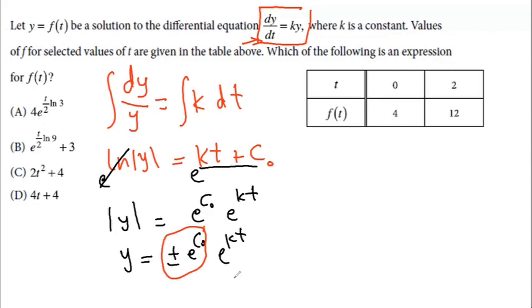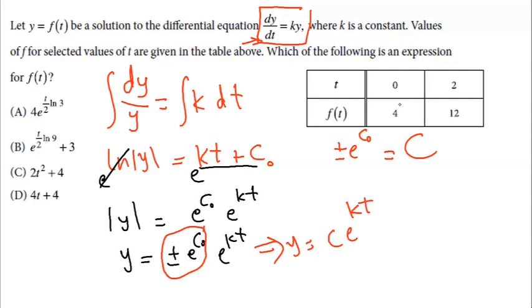So we're going to assume that this constant is another constant called c, for example. So this is our solution, y equals c e power kt.